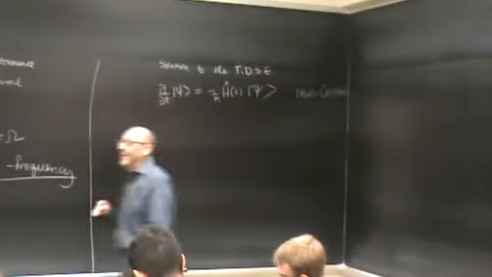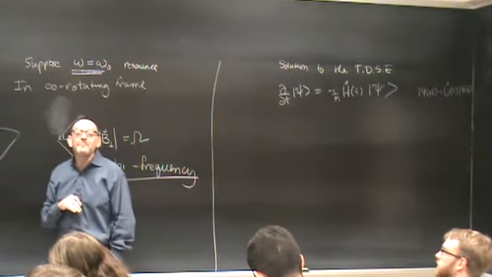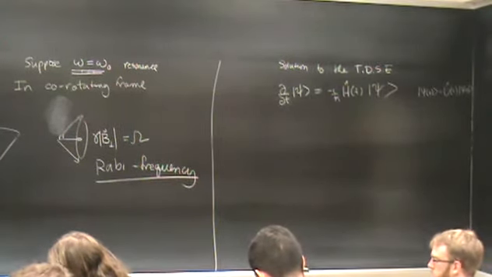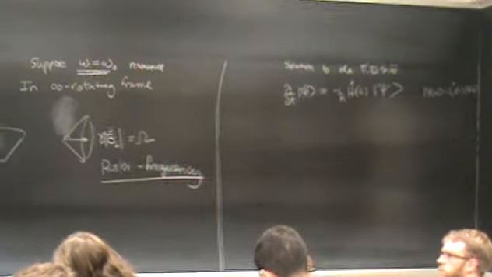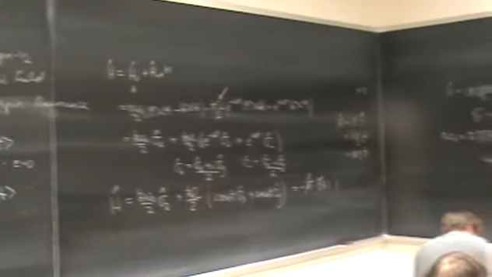Now, we went through all this rigmarole for lectures on end about the interaction picture. And we could do that. In this case, going to interaction picture would mean going to a frame. Let me come over here just because it's useful. So, what about the interaction picture?